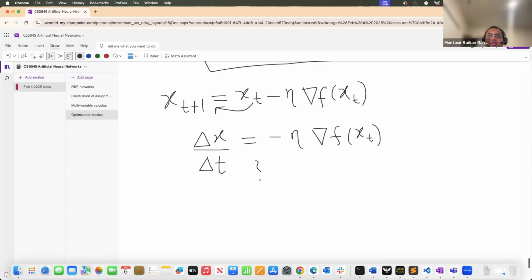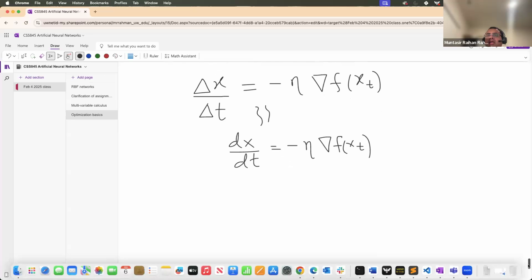Now you can approximate this as a continuous thing, where dx/dt equals minus eta times the gradient of f at x_t.